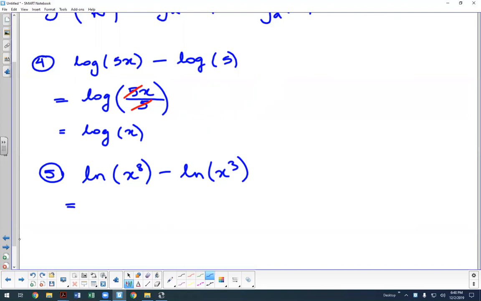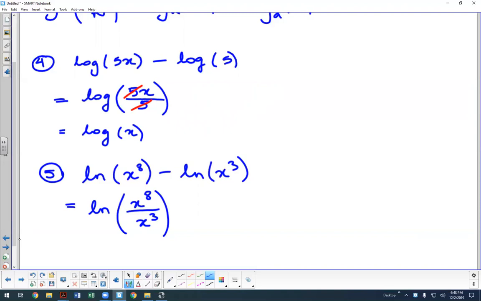And of course, we know this is the same base because they're both natural logs, so we can combine them into a single logarithm. X to the 8th will go on the top. X to the 3rd will go on the bottom. So this is kind of interesting because you are using both the quotient rule for logarithms combined with the quotient rule for exponents, because again, this is the same base x.